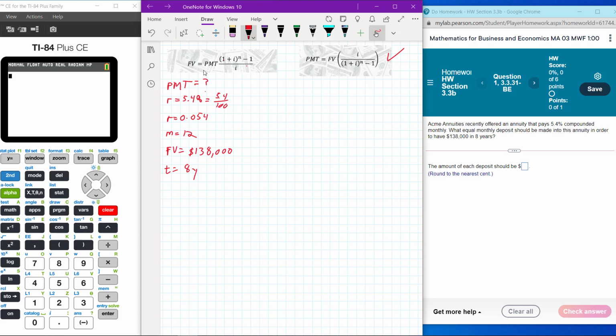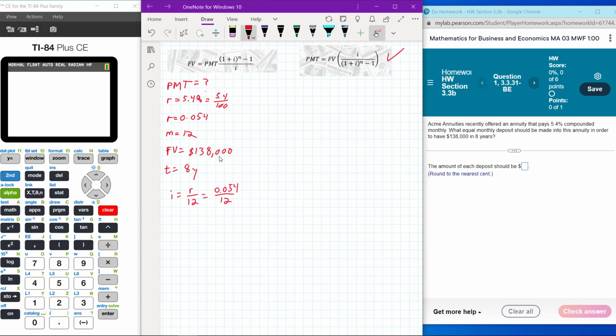Now notice that in our formula we have I, the interest rate over the payment period, and N, the total number of payments, which we need to figure out. We can't use this formula until we know I and N. The interest rate over the payment period is the annual interest rate as a decimal divided by the number of payments per year, which is 0.054 divided by 12.